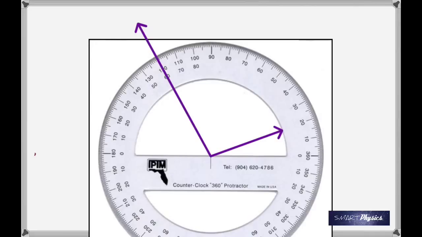Okay, so 100 grams is 4 centimeters, 200 grams is 8 centimeters, and the angle between them is going to be 100 degrees. Because one is at 20, the other is 120, so the angle between them is 100 degrees. So that makes sense, right?